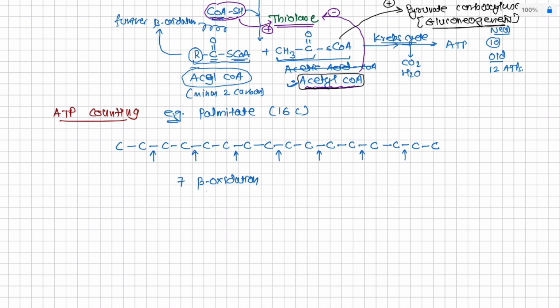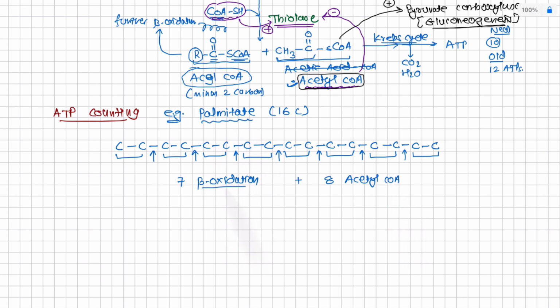And by these 7 beta oxidations, how many acetyl coenzyme A will be released? This is one acetyl coenzyme A, second, third, fourth, fifth, sixth, seventh and eighth. So along with 7 beta oxidations, we get 8 acetyl coenzyme A from one molecule of palmitate.